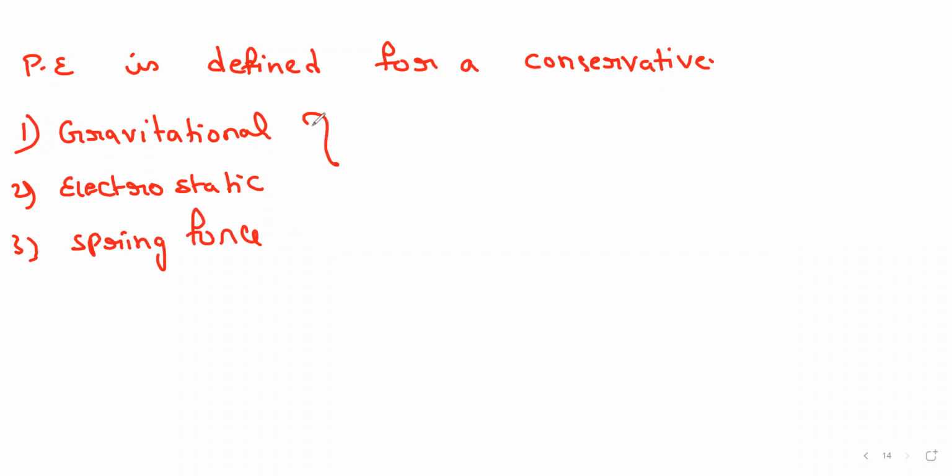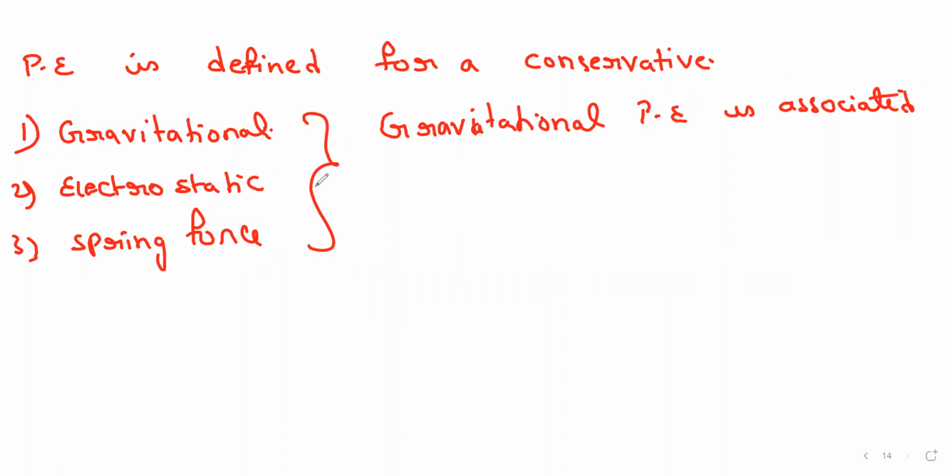All these forces are conservative forces, so we can use potential energy. Gravitational force has gravitational potential energy associated with it, electrostatic force has electrostatic potential energy, and spring force has spring potential energy.